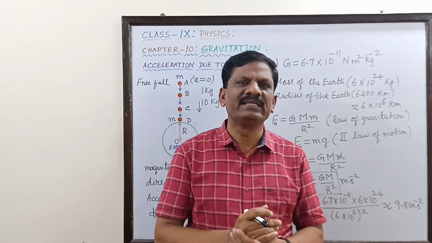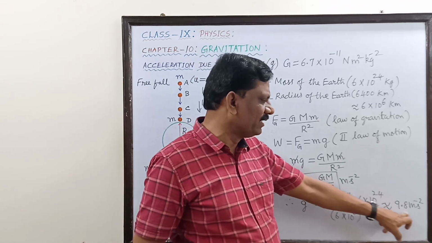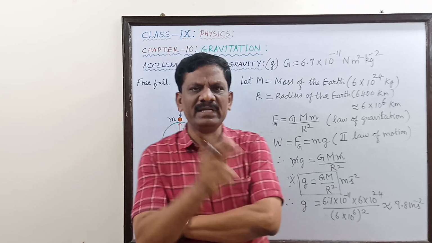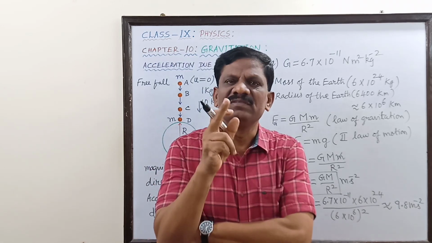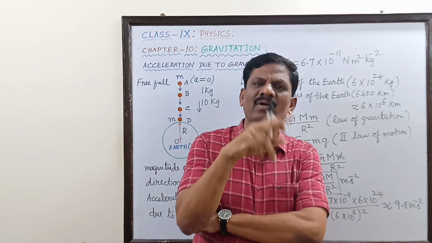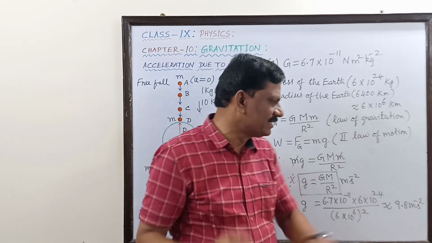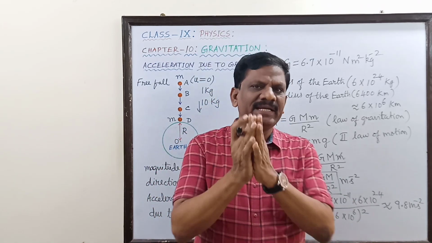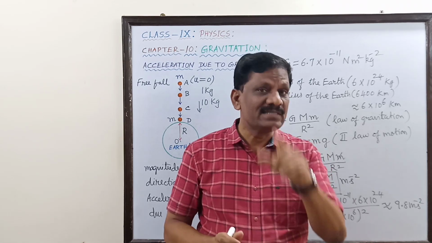On the surface of the earth, its value is nearly 9.8 meters per second square. But keep in mind, the value of g is not constant at all points on the surface of the earth. This is the average value, at a latitude of 45 degrees at sea level.